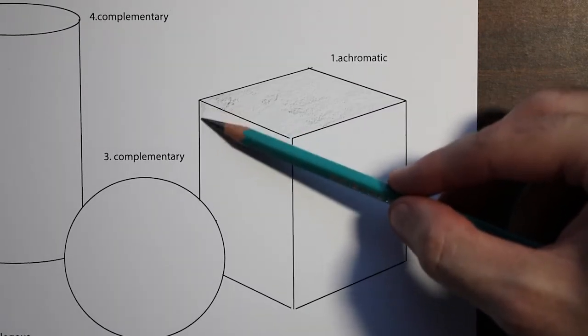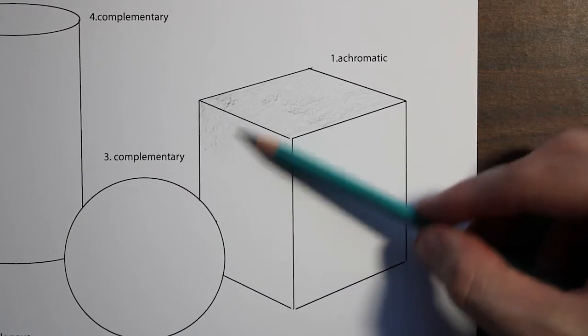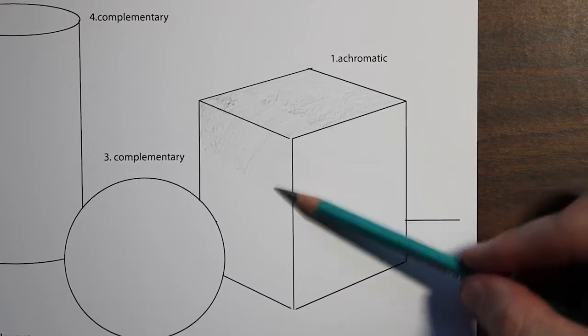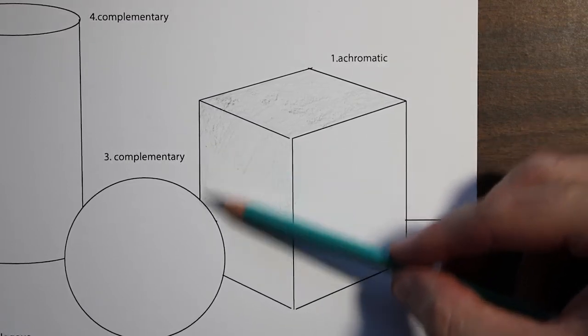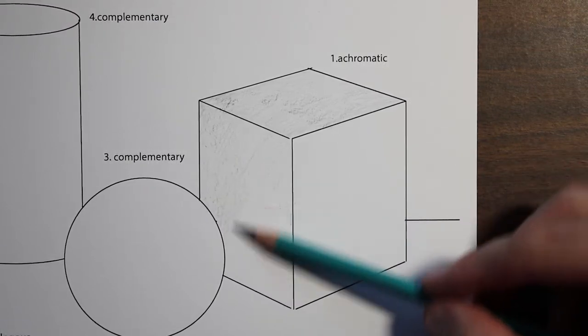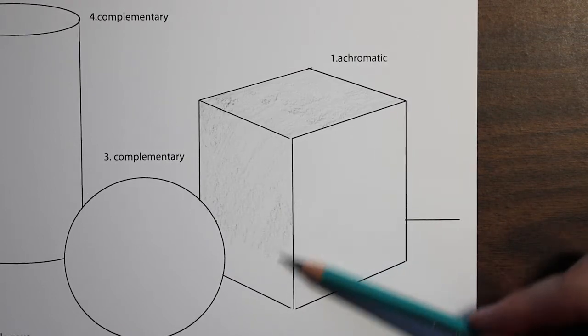Also, don't push down very hard. Like I said, keep your grip very loose on your pencil. The less pressure you put down, the less value you're going to be adding into your drawing. I'm going to keep that consistent value all across each face of this first shape.